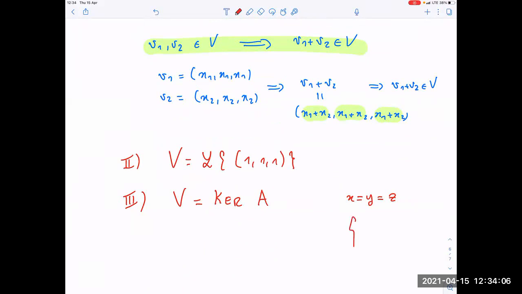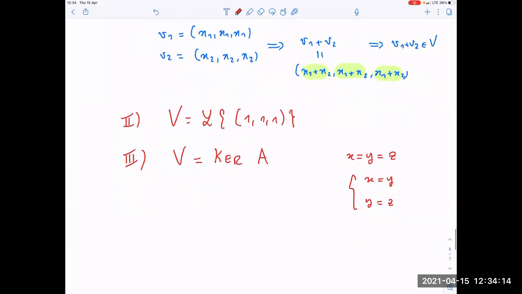Yes, so that will look better because it is x equals y, and if you want, y equals z. And so in matrix form, this system is exactly what you wrote: 1, minus 1, 0, and 0, 1, minus 1, times x, y, z.